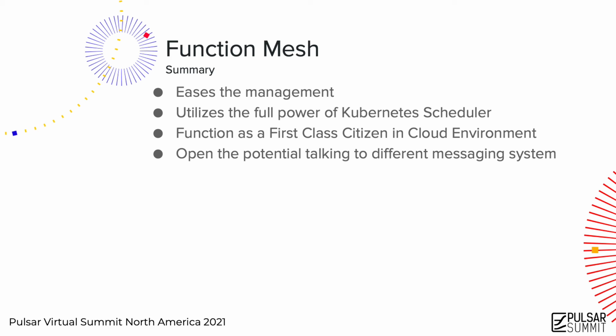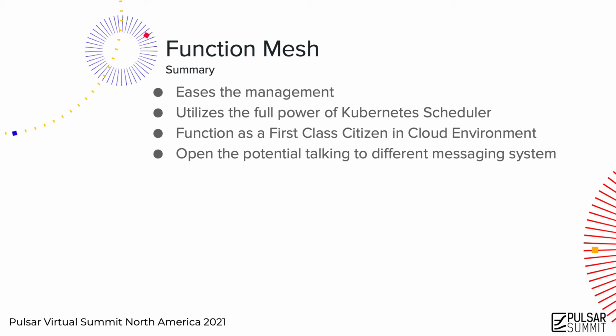Here comes the summary, where I will elaborate on the key benefits of Function Mesh. We built Function Mesh to ease the management of Pulsar functions when you run multiple instances of a function together. Function Mesh utilizes the full power of the Kubernetes scheduler, including deployment, scaling, and management.